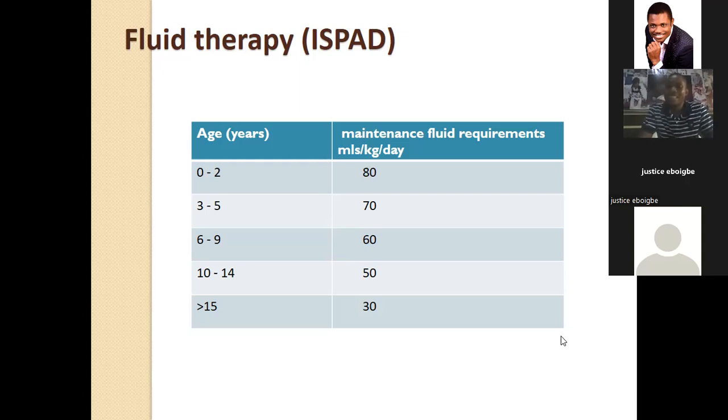Then that maintenance, you will now add to your deficit. What was your deficit? Our deficit was 1,625 mils. So you will now say 1,625 mils plus 3,000 mils. Everything will give you what? 4,625 mils. So what you are giving the child over 47 hours is what?